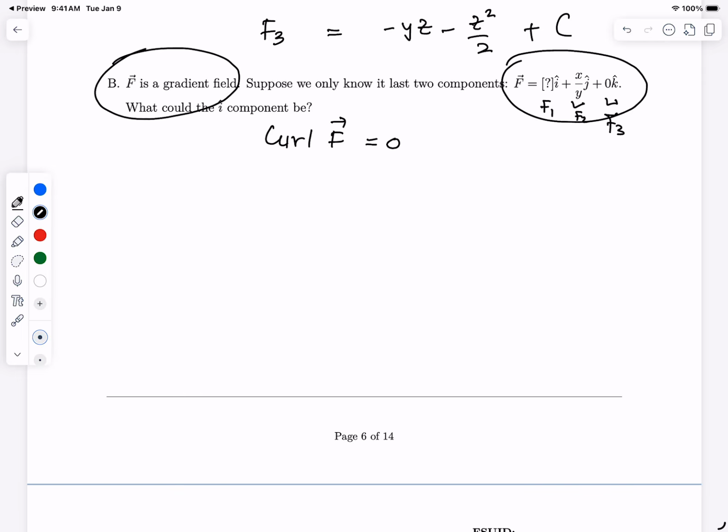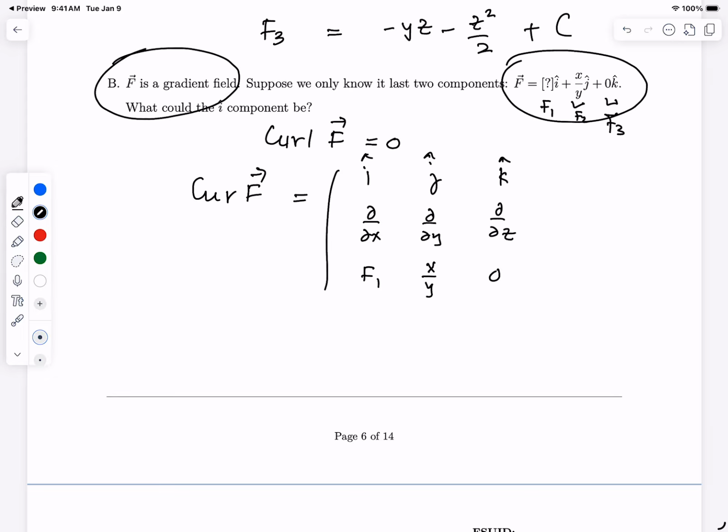Okay, so let's do this. Curl of f is the determinant with rows i, j, k; partial by partial x, partial by partial y, partial by partial z; and I'm writing here f1, here x over y, and here 0.